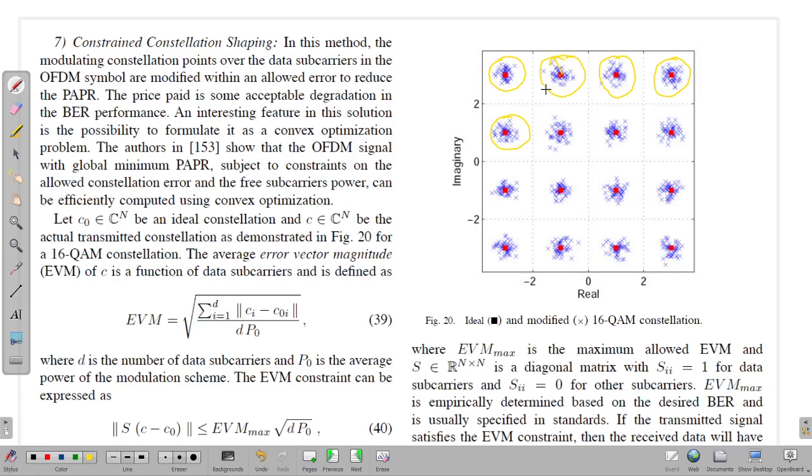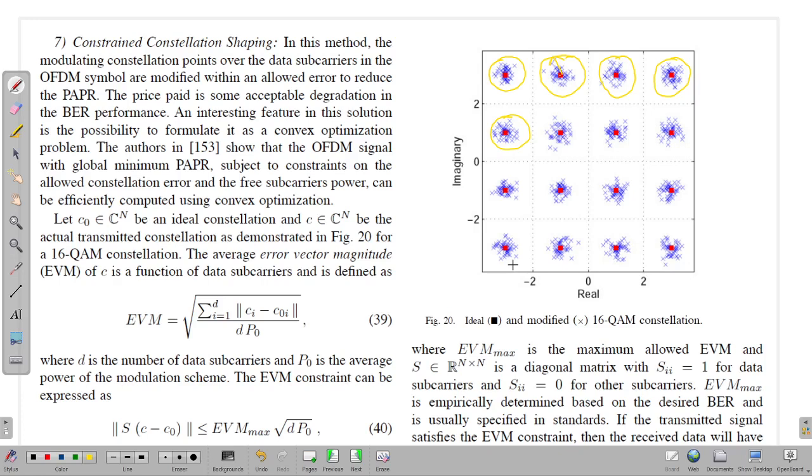And that is the primary difference between constrained constellation shaping and active constellation extension. But this kind of distribution needs more sophisticated processing at the transmitter side. In active constellation extension, you could achieve it by simply increasing the power or amplitude.